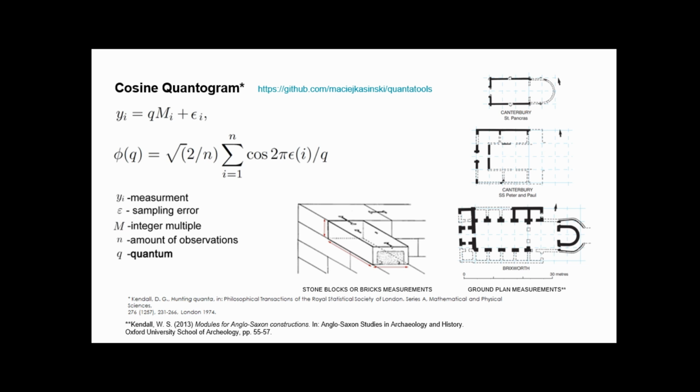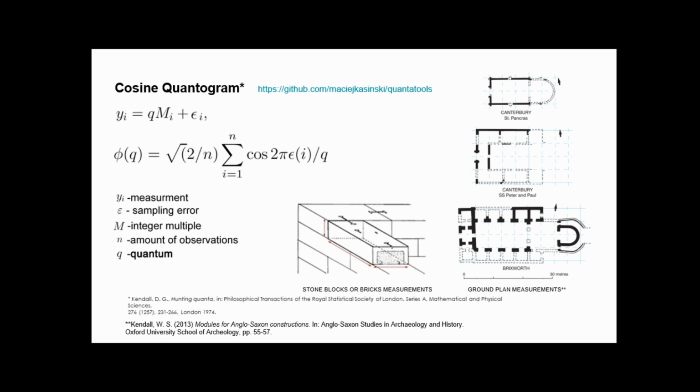Basically this is what the equation is about. In the case of medieval town planning, you have to think of it like this: each parcel dimension can be described as an integer m multiplied by a basic unit q, plus some error, caused by the things I told you before. And the value of q which maximizes the formula within a given range is the one with the highest probability of being a true quantum.